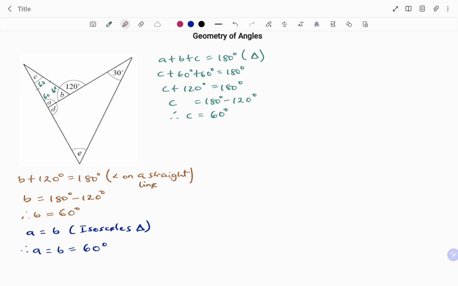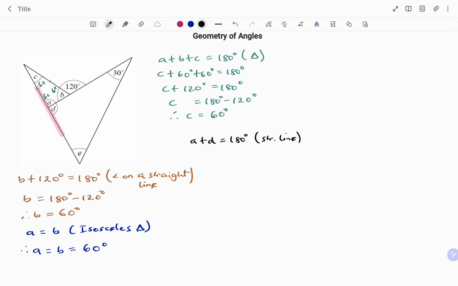Now, to find D, I can see D and A are on the same straight line. Therefore, if I add A plus D, that's equal to 180 degrees. That's a straight line. The sum of angles on a straight line add up to 180.